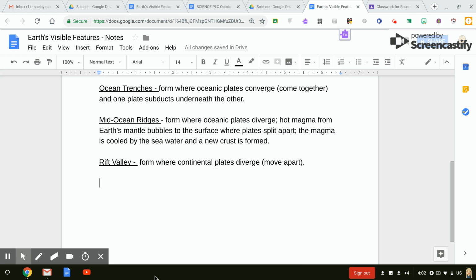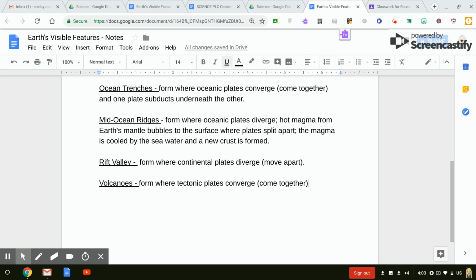So we're going to define volcanoes and kind of list how they occur. They form where tectonic plates converge. I'm just going to keep reminding ourselves what converge and diverge mean.